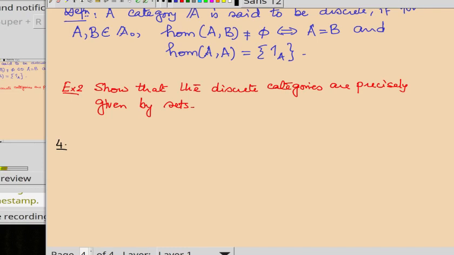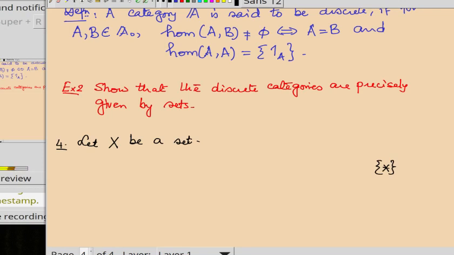So let X be a set again. And we now take the set of objects to be a singleton. It has only one object.